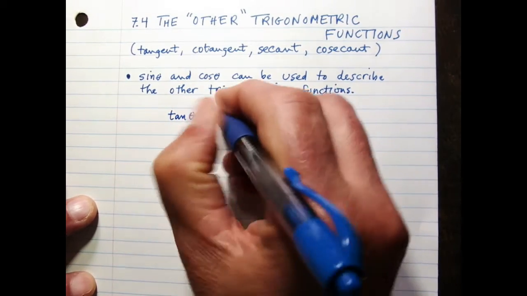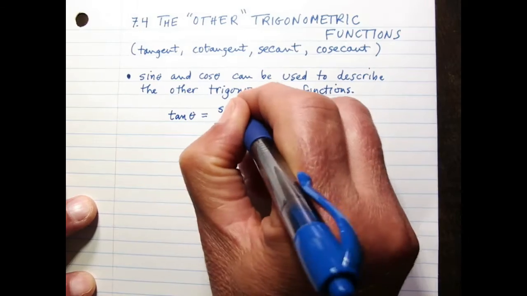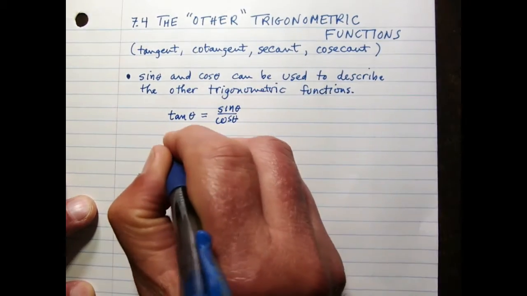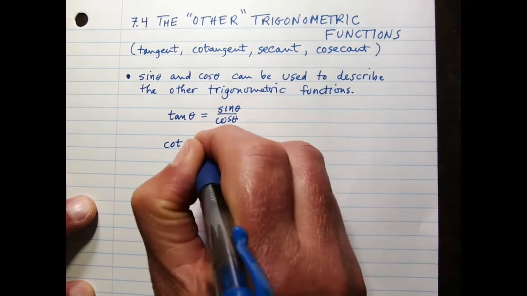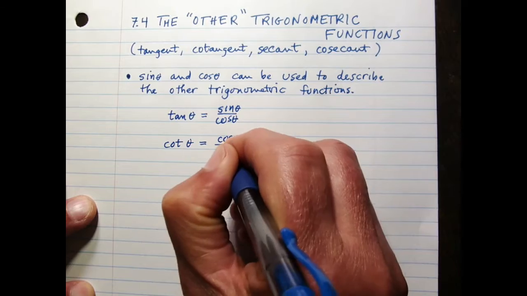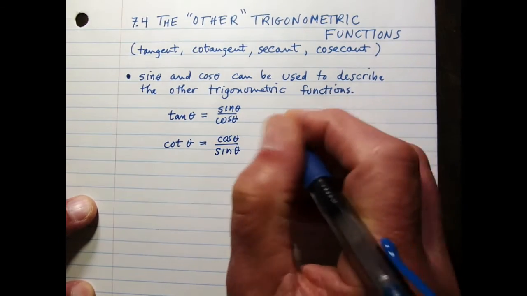Tan theta can always be thought of as sine theta over cosine theta. Cotangent theta, which is the reciprocal of tangent, can be thought of as cosine over sine, and you've got to keep those straight.